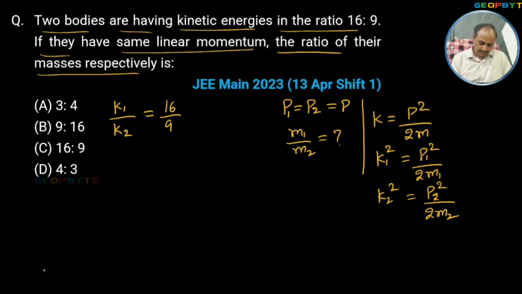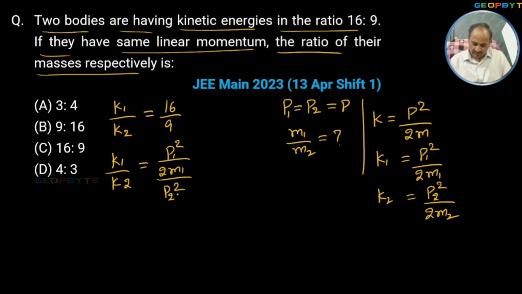Then K1 by K2 equals P1 square by 2m1 over P2 square by 2m2.